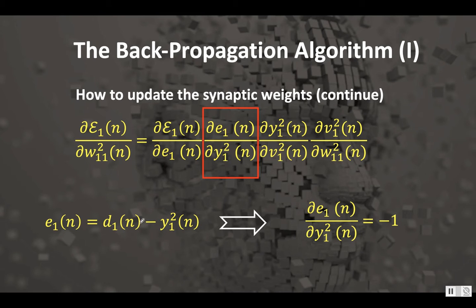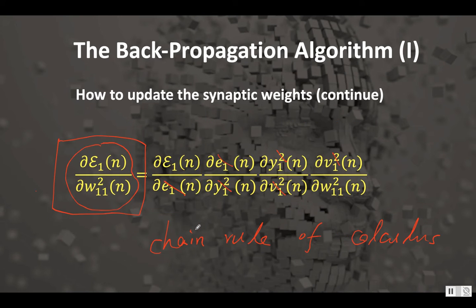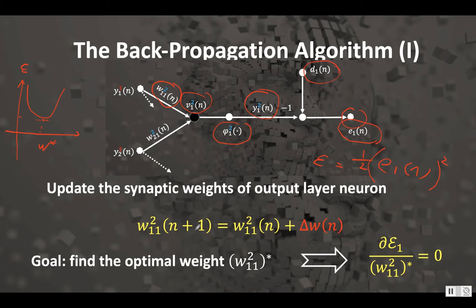Now let's move to the second term, the derivative of E1 with respect to Y21. Here E1 equals D1 minus Y21(n). Let's go back to this slide. You can see here E1(n) equals D1 minus Y21, which is what we got from the structure.